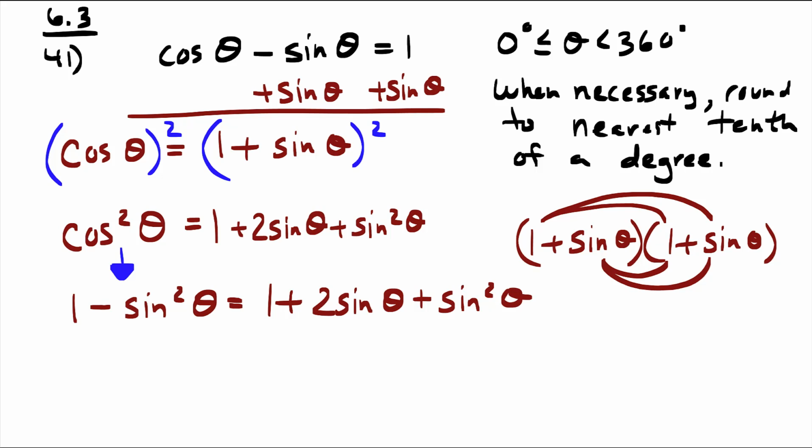Okay, but now I have another problem. Now I have sine squared terms, and I also have sine linear terms. So in this case, we're looking at factoring or the quadratic formula. If we're going to be factoring or using the quadratic formula, I might as well set one side equal to 0. So I'm going to add here, I'm going to add here.